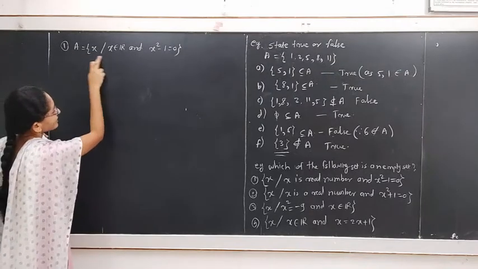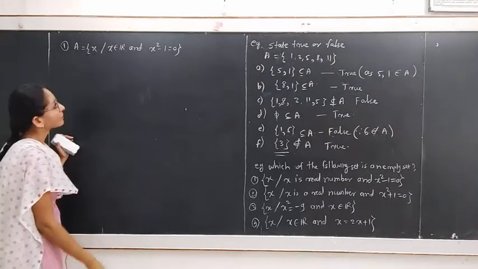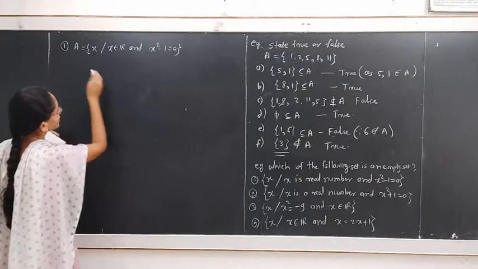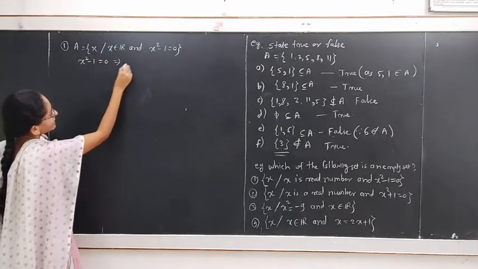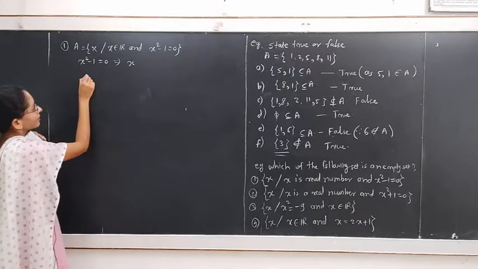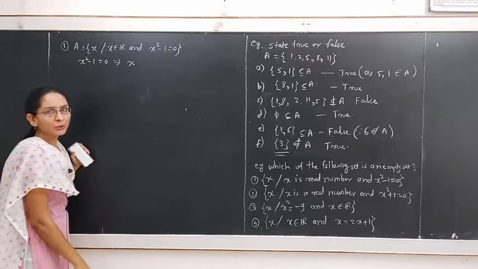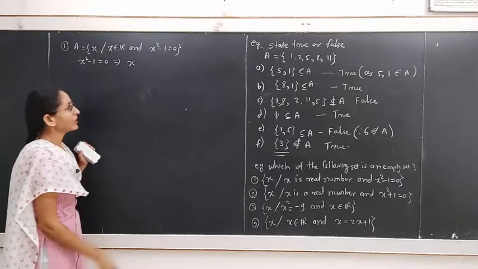If we want to write this set in the listed method, then we must solve this equation. x square minus 1 equal to 0 implies, we know that a square minus b square equals a minus b into a plus b.